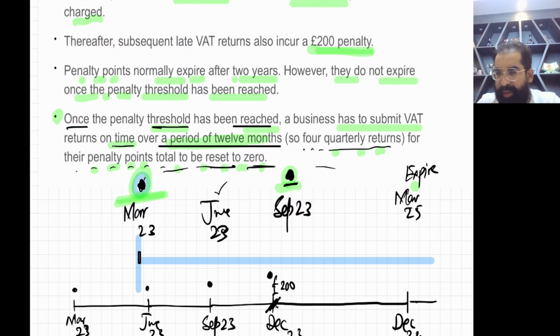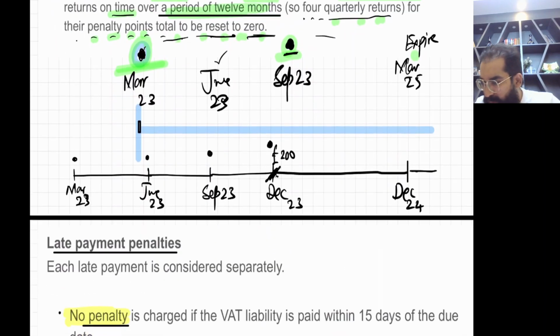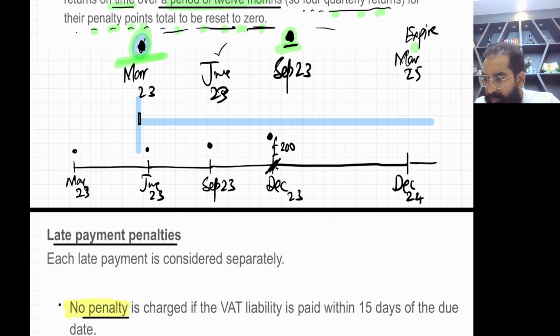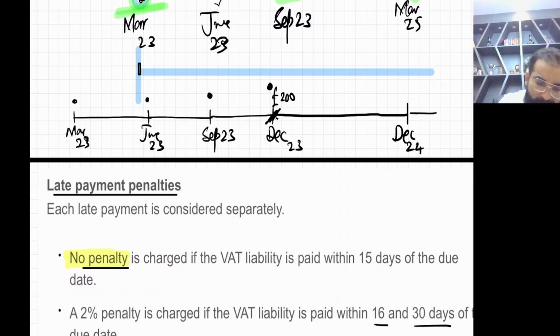Okay. Let me give you a practical example. For example, in March 2023, the first time you submitted your return late, so you got 1 penalty point.